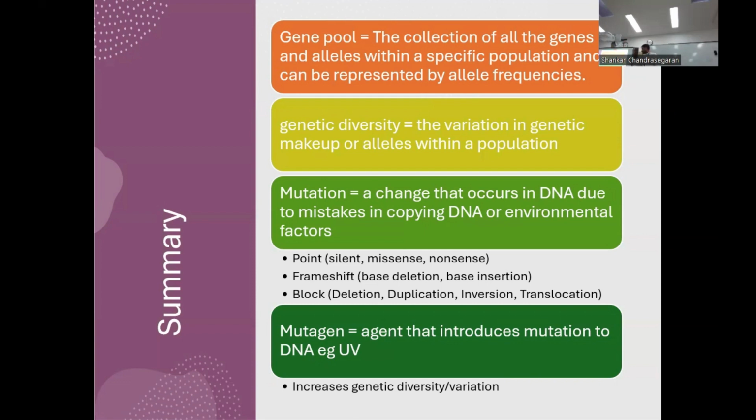These are basically anything that can introduce mutations to DNA, for example, your UV or smoking. And why can this be a good thing? Because in a population where there's no genetic variability, no genetic diversity, mutations can potentially introduce variation to allow for genetic diversity to exist.